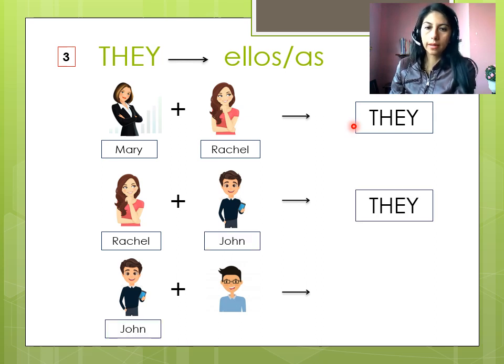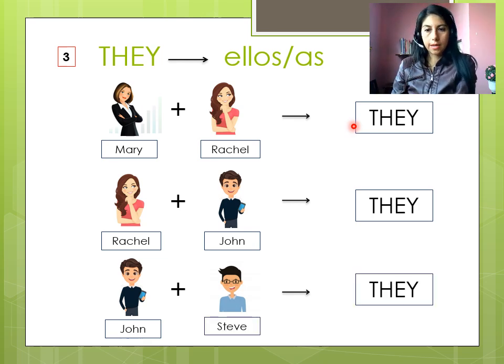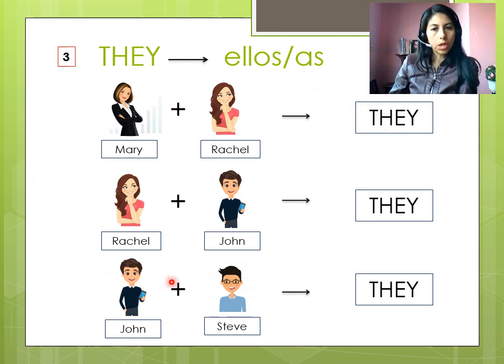Also they. John and Steve. They. Two women. A woman and a man. A man and another man. So when I have these cases, could be two people, could be three or four, five, etc. I use my subject pronoun they because I am talking about people.